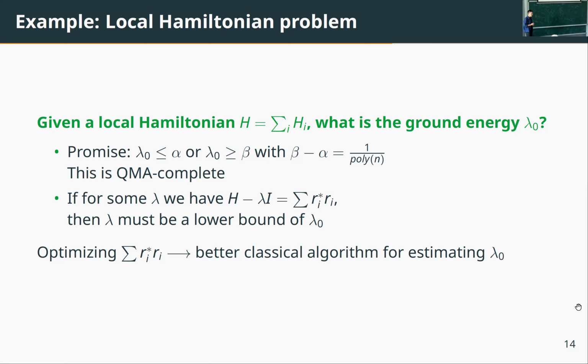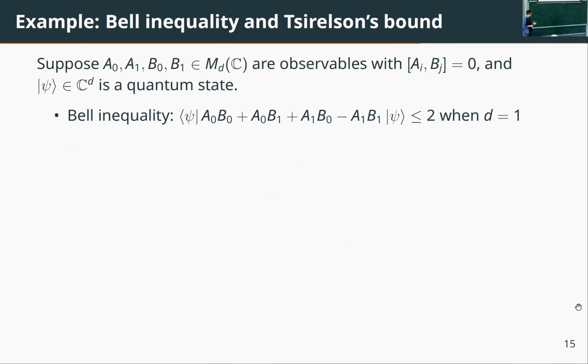So this tells us in the classical setting, if you want a better classical algorithm to estimate the ground energy, you can first find some better algorithm to decompose the matrix or polynomial as a sum of squares. If you have a nice algorithm which tells you that you only need to search sums of squares in those degrees up to those terms, and you will always find your sum of squares, then you will have a nice algorithm to estimate your ground energy. And I also want to talk about some applications in Bell inequalities.